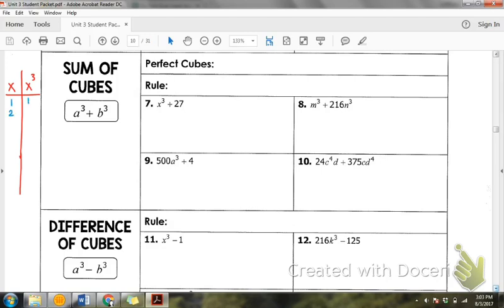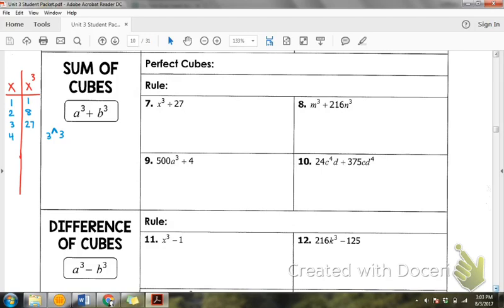What about 2? What is 2 times 2 times 2? 8. What about 3? In your calculator, this button right here, this is called a caret. That will do an exponent. So if you do 3 and then that button, 3 to the third power gives you 27.